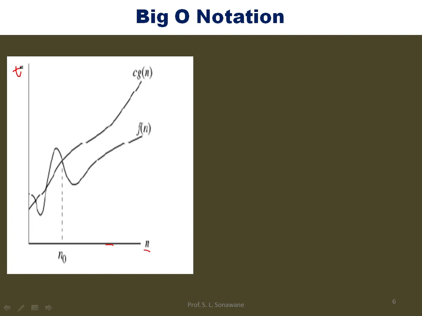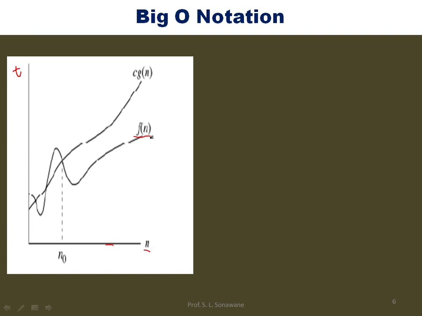So t is time growth and n is input size. Now let's consider that this function f of n represents a certain kind of behavior.